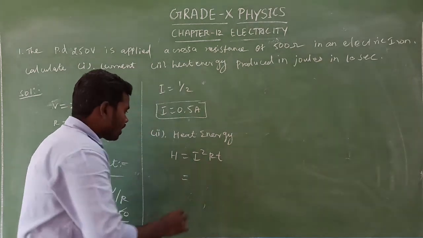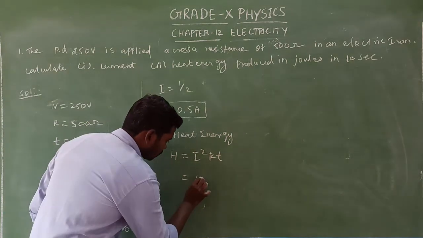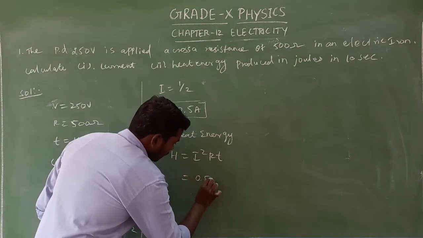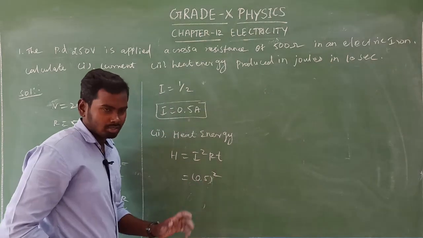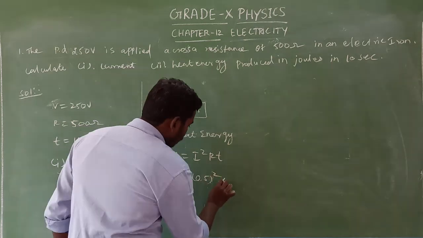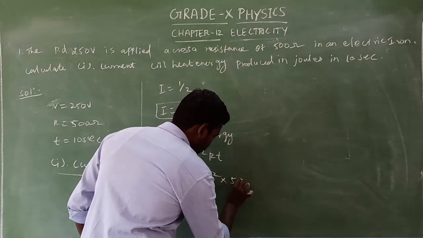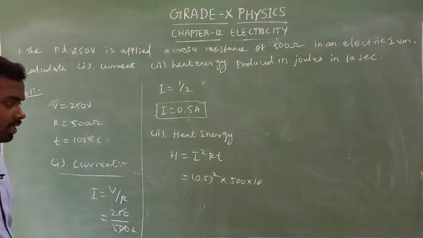So what is the I value? 0.5 ampere. We can mention the unit at last. 0.5 whole square into resistance value 500 into T 10 seconds.